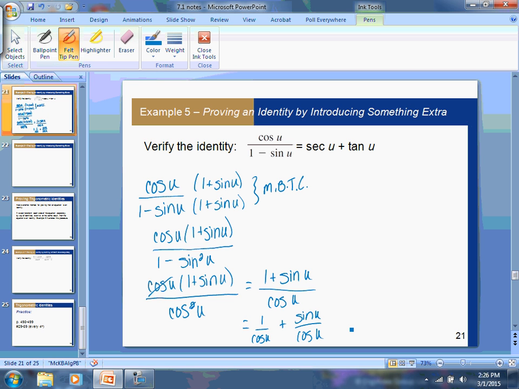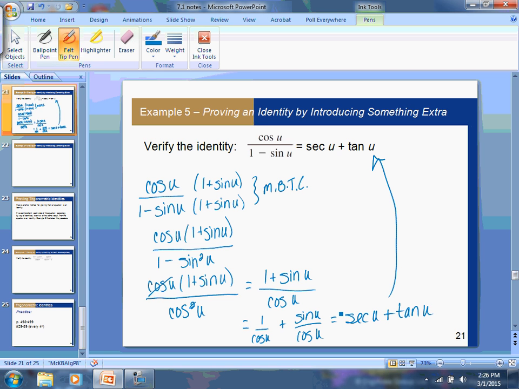So now I can see each individual little piece and I can say, oh, 1 over cosine, that's secant. And sine over cosine, that's tangent. And now I've completed my identity because I've made the left-hand side equal to the right-hand side.